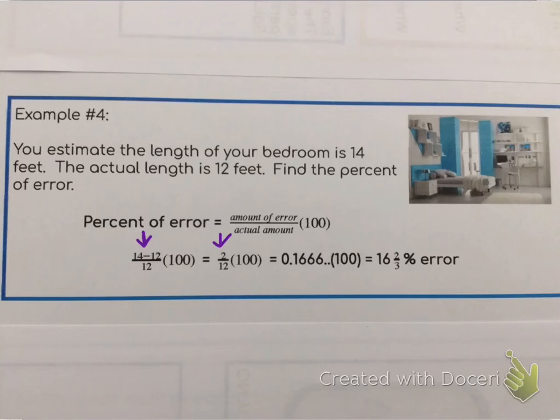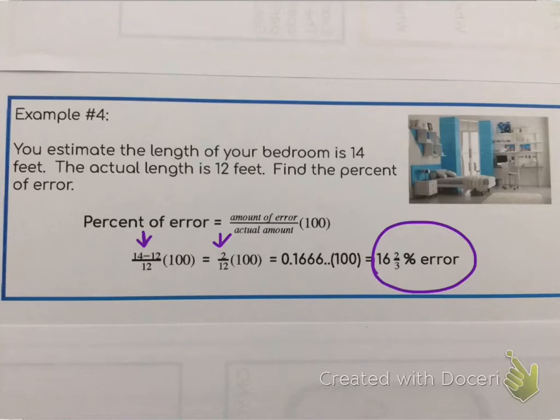Okay, and I left that like that because we know how to write that as a fraction. So when you multiply that by 100, you get 16 2/3% error is your answer there. Okay? So you're, again, finding the difference between the two numbers. That's your amount of error, dividing by the actual amount, because that's the right number. And then you multiply by 100.